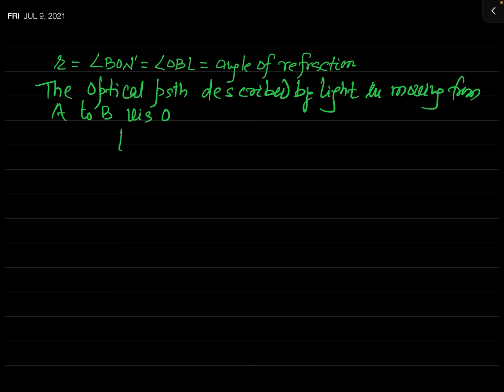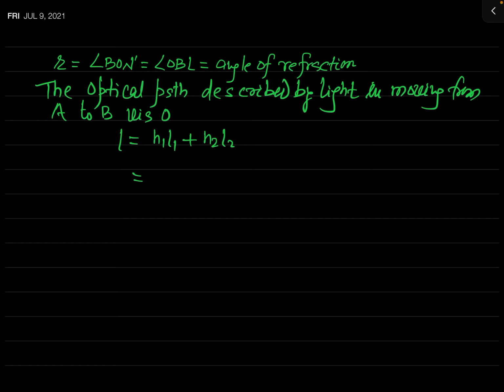If we consider that this optical path is L, what will be this L? L will be n1 into L1 plus n2 into L2, because the product of the refractive index and the actual path length of the light ray gives the optical path.